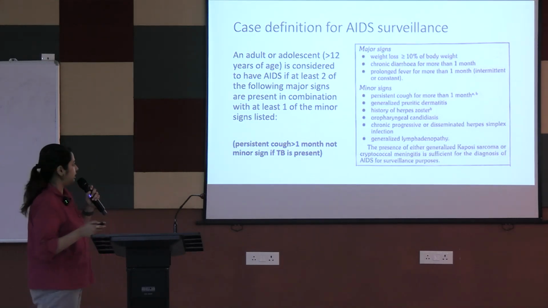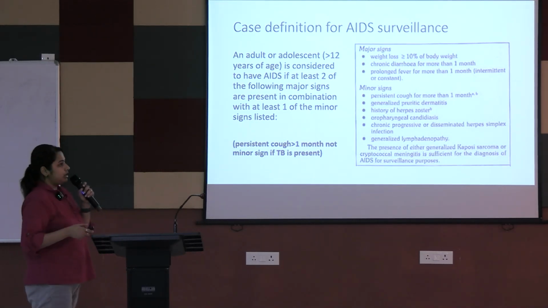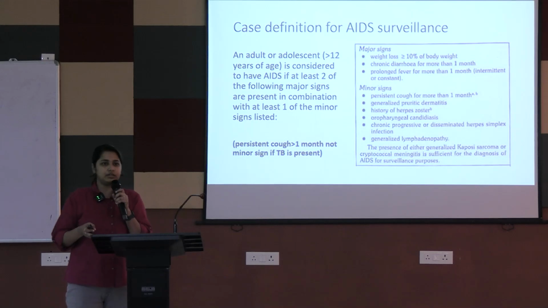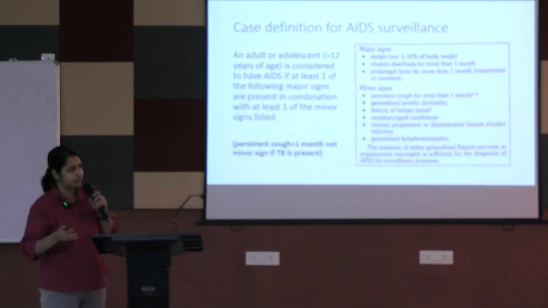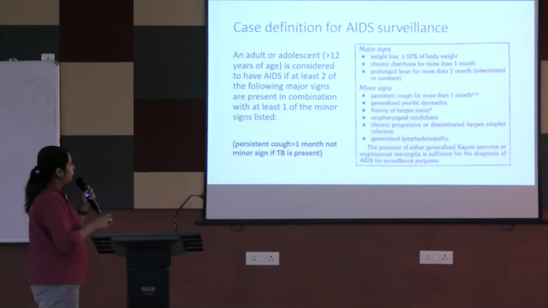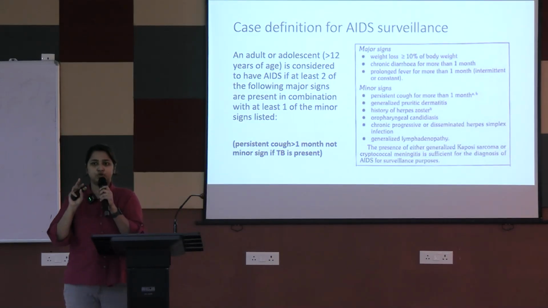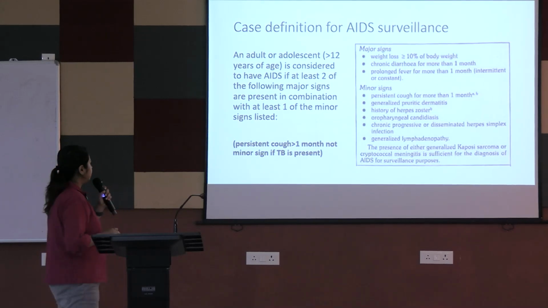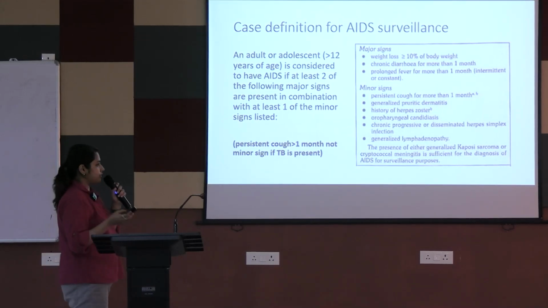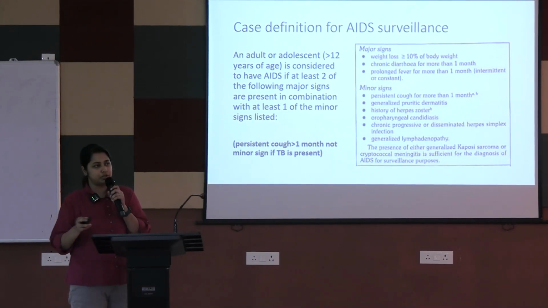You can bring them under the definition. This is for adults or adolescents. In the case of a child, what happens? The definition is similar, but changes to 2 major signs plus 2 minor signs. That is the difference between the definition for adults and the definition for the pediatric population.